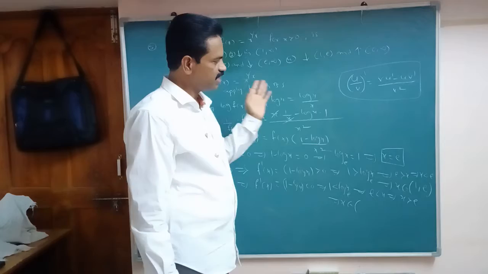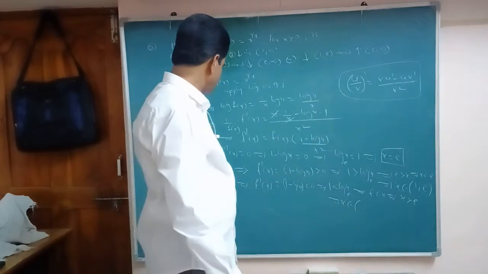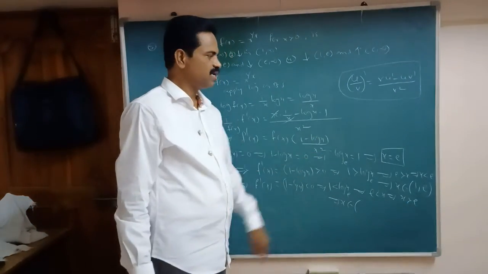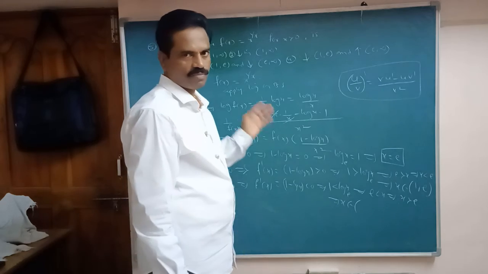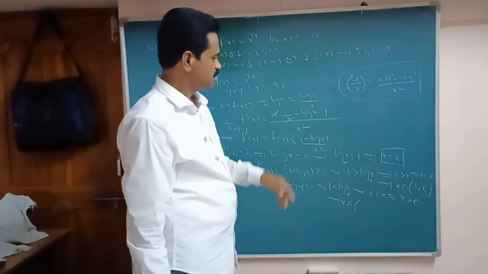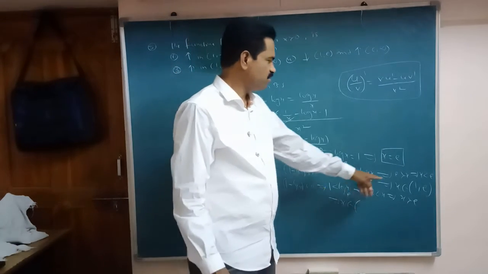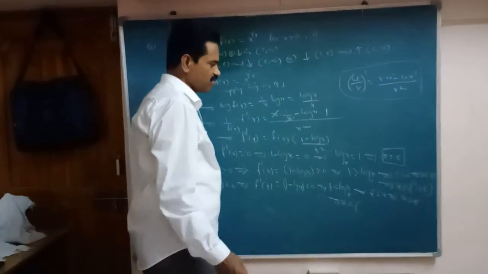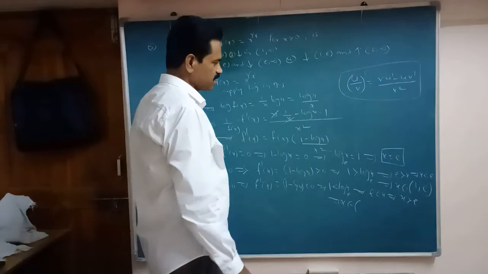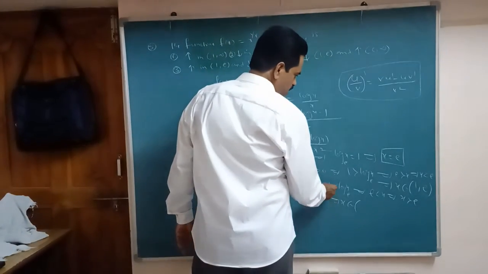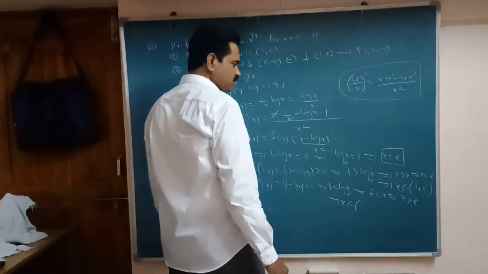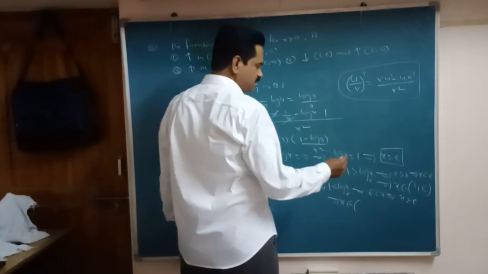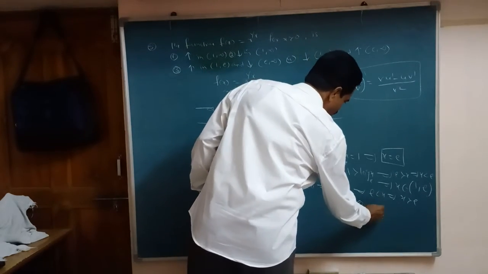Here for increasing we don't take the negative values up to 1, so we take 1 comma e, because log 1 is 0. For x greater than e, e is minimum and x is maximum, so it is e comma infinity.